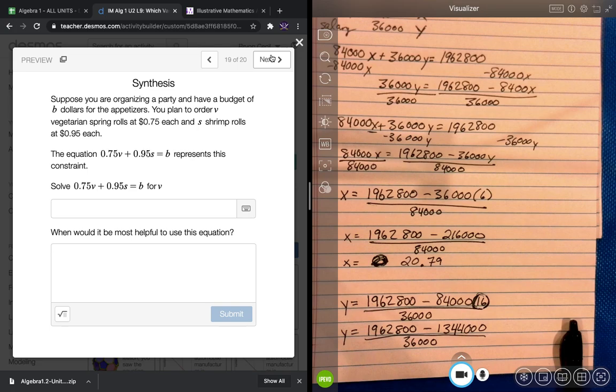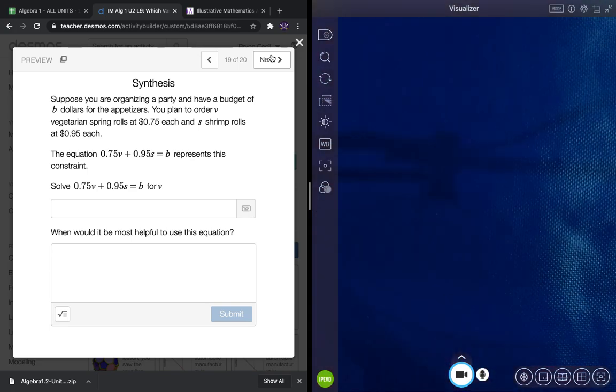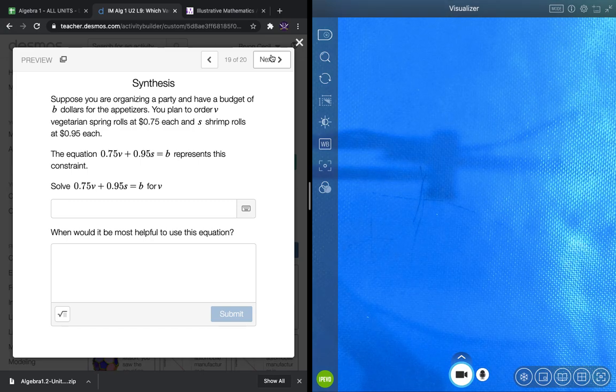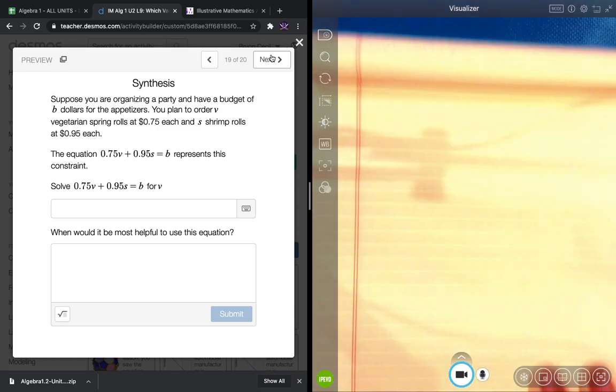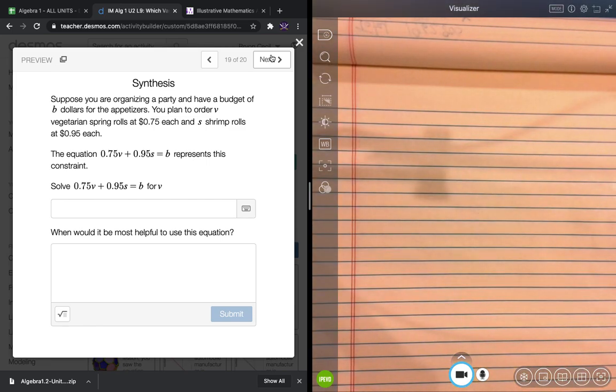Okay, suppose, let's finish these off. Let's not use such big numbers this time. Let's pick some smaller ones to make it easier for you guys. So suppose you're organizing a party and you have a budget of B dollars for your appetizers. You plan to order V vegetarian rolls at 75 cents each and S shrimp rolls at 95 cents each. The equation 0.75V plus 0.95S equals B represents the constraint.